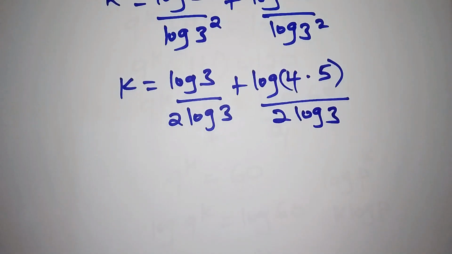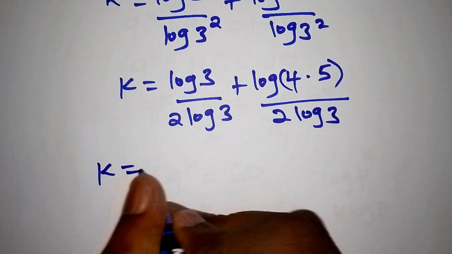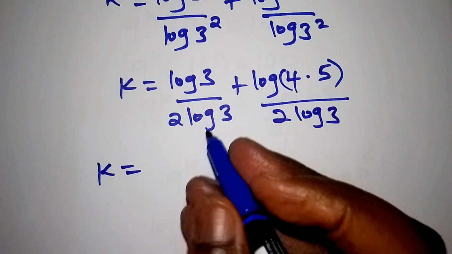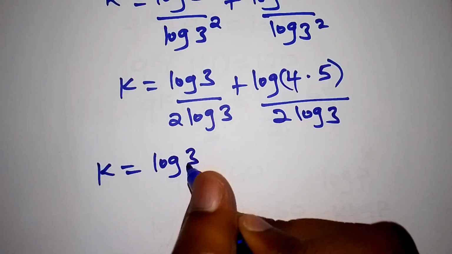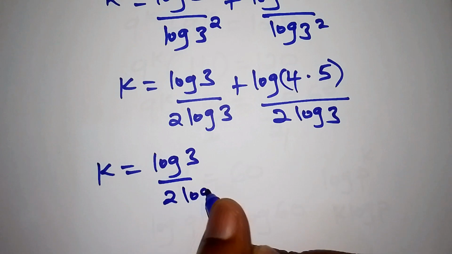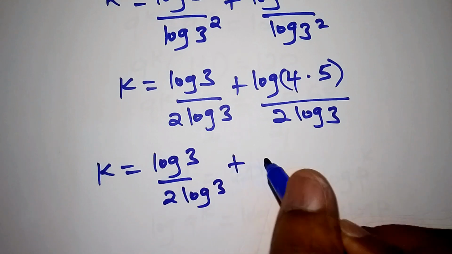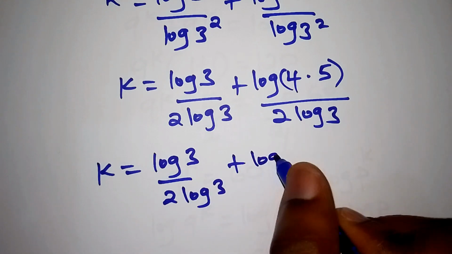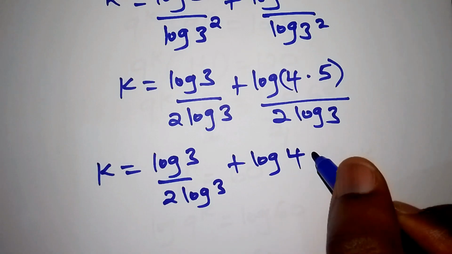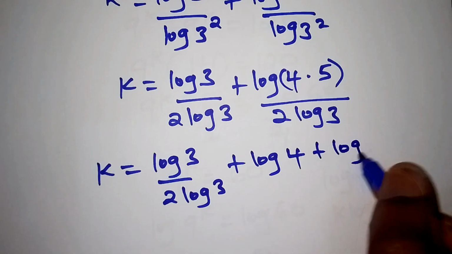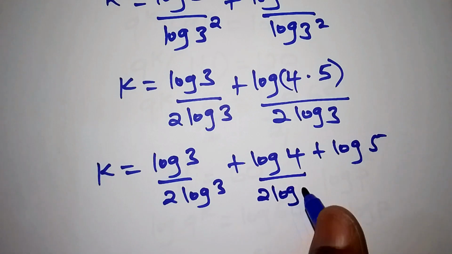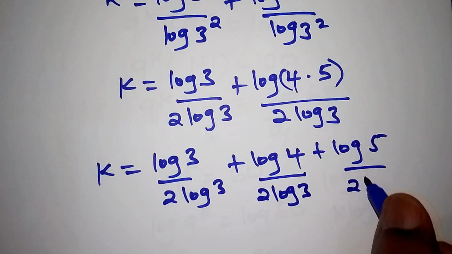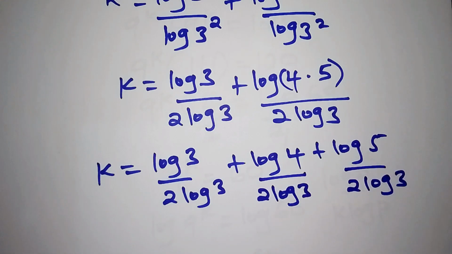Next, k is equal to log 3 all over 2 log 3, plus the log of 4, plus the log of 5, all over 2 the log of 3.